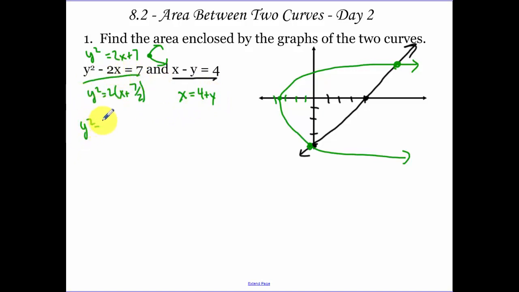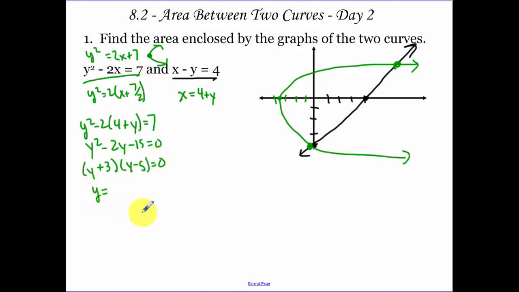So I have y squared minus 2 times (4 plus y) equals 7. We get y squared minus 2y minus 15 equals 0 when I simplify that. So we have (y plus 3)(y minus 5) equals 0.